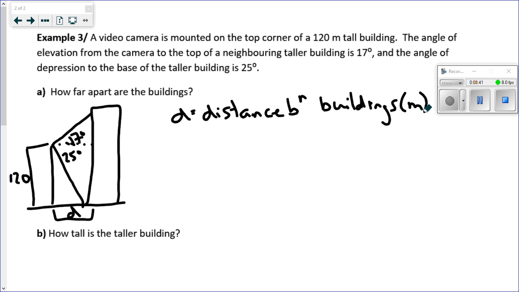Everything's in meters, right? Because this building, this is defined as being straight across. It's also horizontal. So just to make it easier to see, that's what we're looking for.